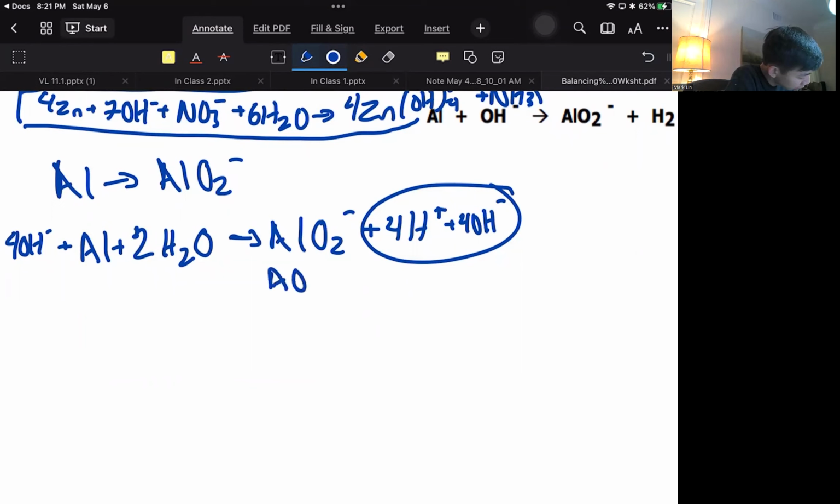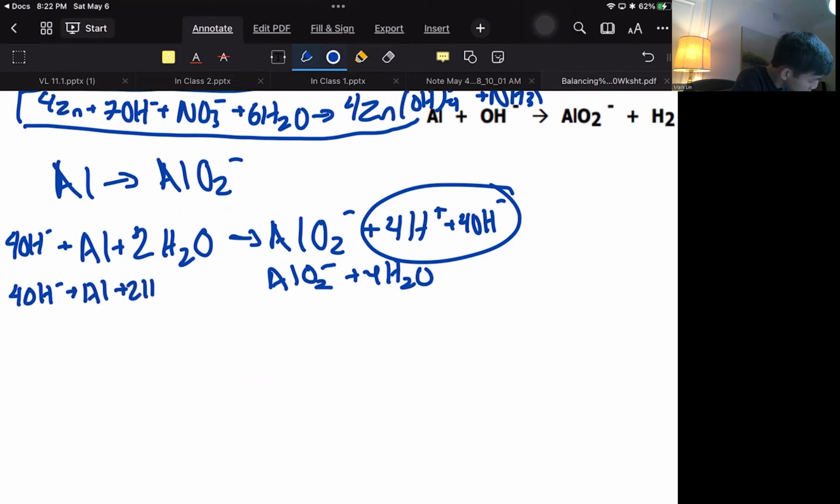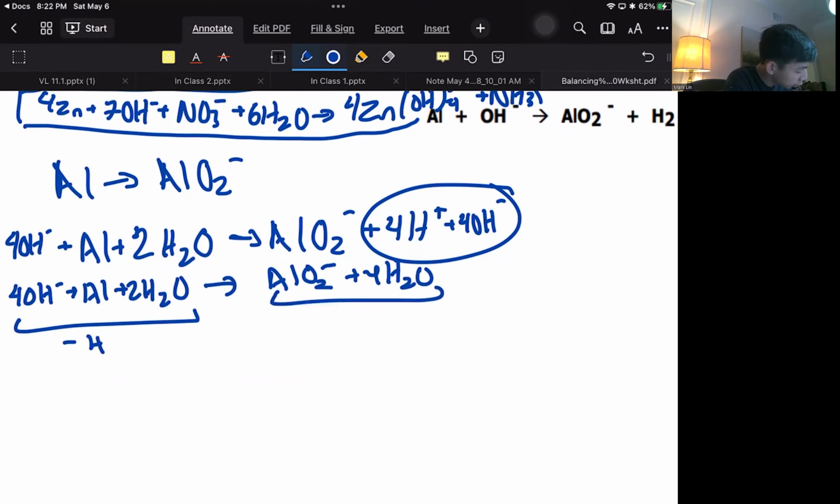So it's going to be AlO2 minus plus 4 H2O plus 2 H2O. Okay, so this side the charge is going to be -4. On this side, the charge is going to be -1. So to balance the charges, we need to be adding 3 electrons to this side.